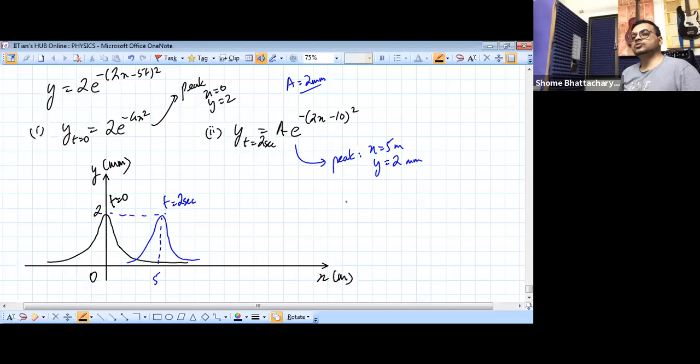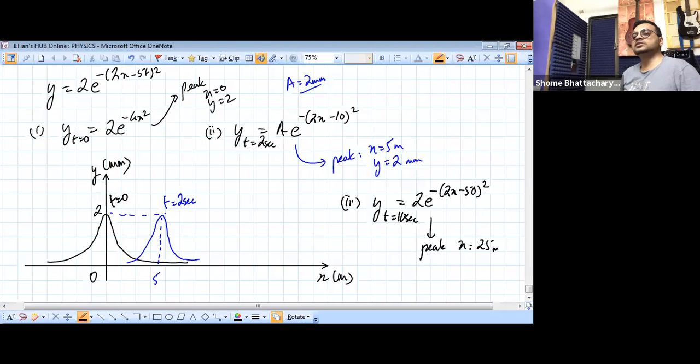Now like that, if you were to plot it at t equal to 10 seconds, you would see this has become 2 into e raised to the power minus (2x minus 50) whole square. So its peak has shifted to the point where x is such that 2x minus 50 is 0.